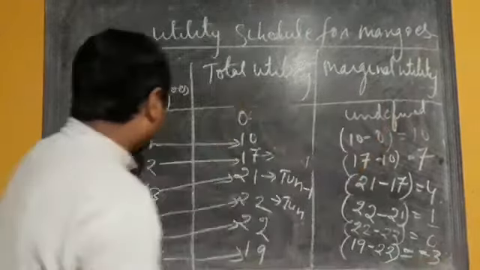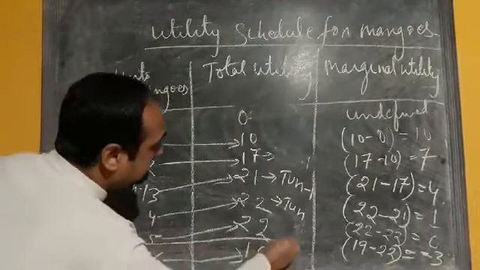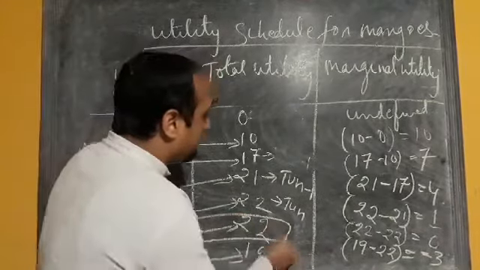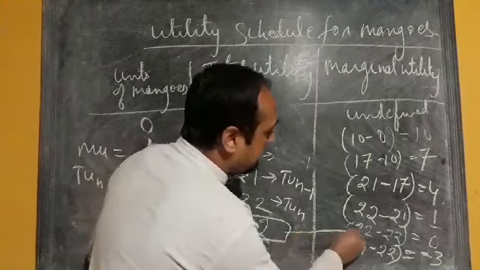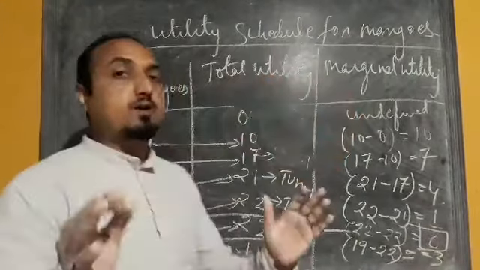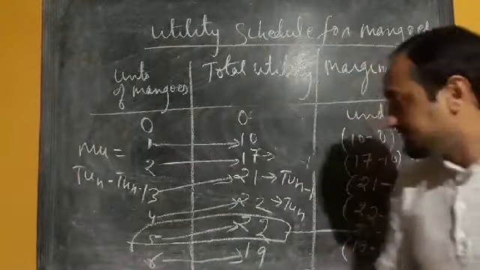When total utility is maximum, at the fifth unit of mango, we can see that marginal utility is 0. When total utility is maximum, marginal utility will be 0.